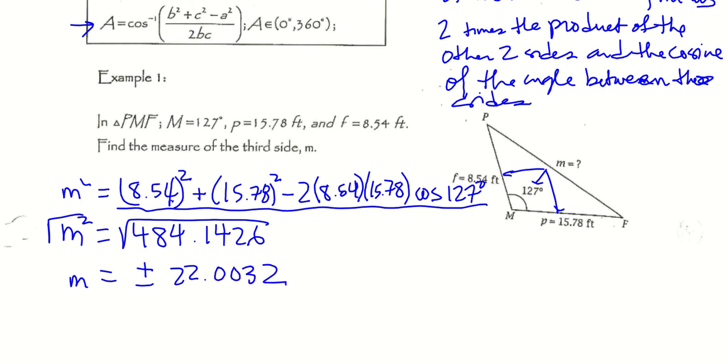But in this case, because M is the side of a triangle, and sides never have negative lengths, we know that the length of that side must be positive. And since these units are in feet, we could say that side M would be about 22.003 feet. In the spirit of this class, if we round, we're going to round to the third decimal place. All right, so that's one example. Let's look at another example.